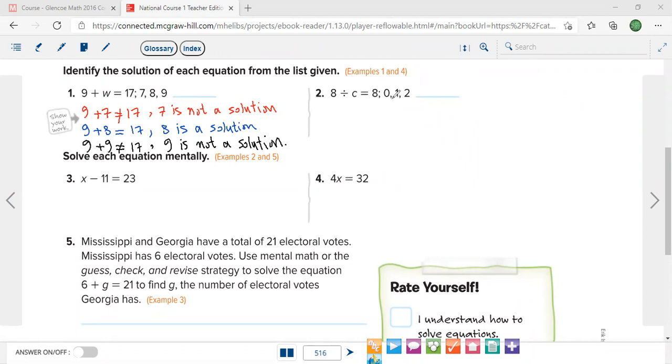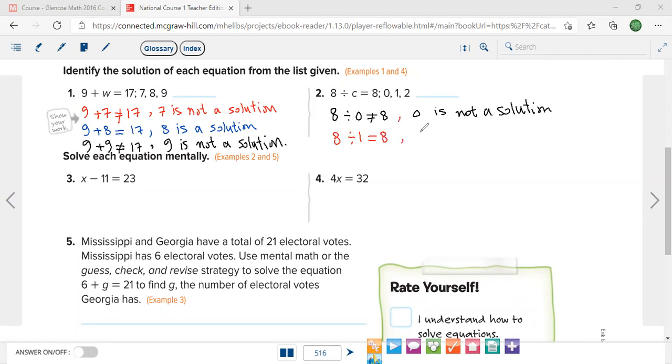Now here also we should try the 0, the 1, the 2. 8 divided by 0 is not equal to 8, so 0 is not a solution. Now 8 divided by 1 equals 8.